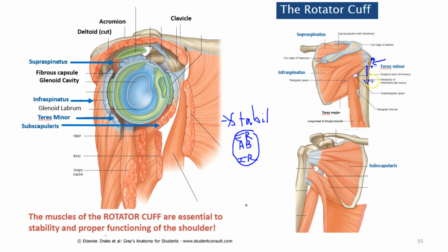That would be a sublux joint, and that would cause a lot of discomfort for the patient. Obviously, they would have a dysfunctional shoulder, and they would also most likely have pain from the traction of these soft tissue structures in here.